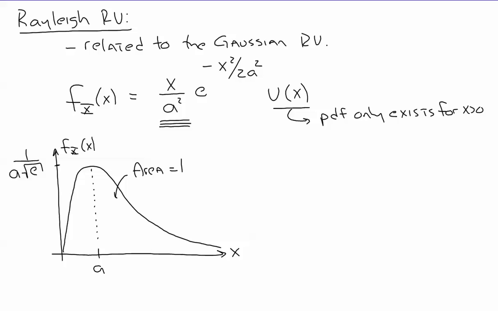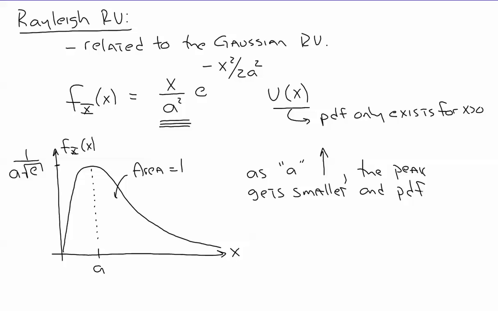Okay, and you'll notice, just coincidentally by observation here, as that a parameter in my PDF gets bigger, the peak gets smaller, and the curve itself gets wider, but the area remains unity.